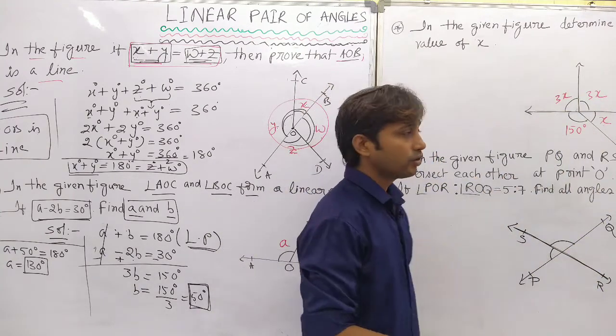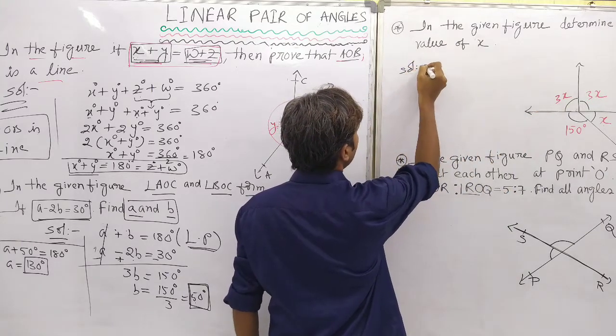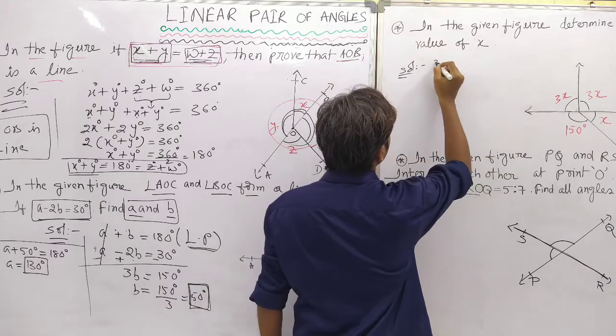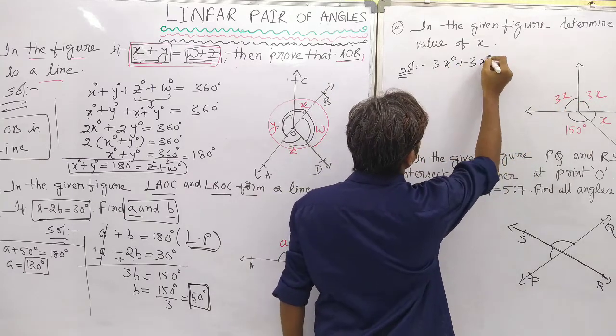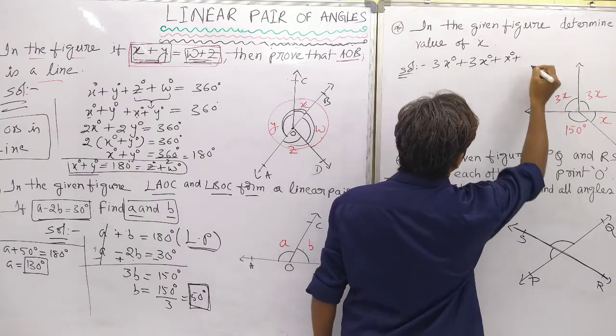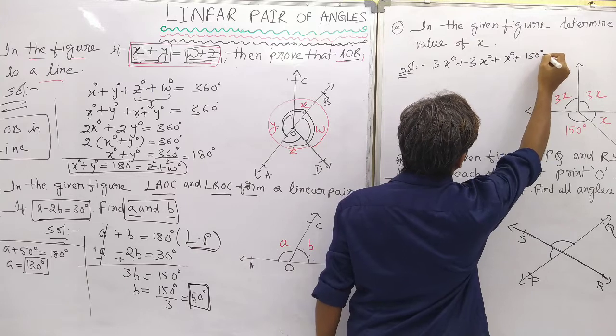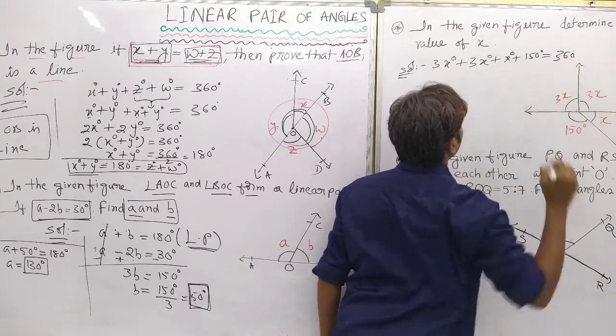Here is the solution I am writing. Just see, here 3x plus here another 3x and here some x plus here this 150 degrees equal to how much? Total complete angle, 360 degrees.